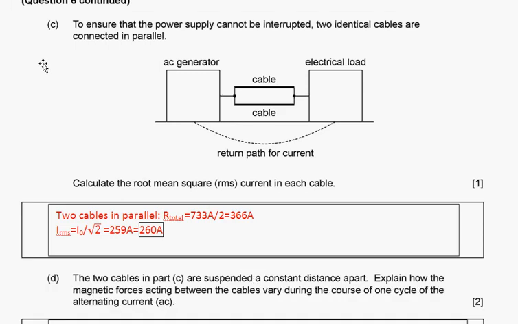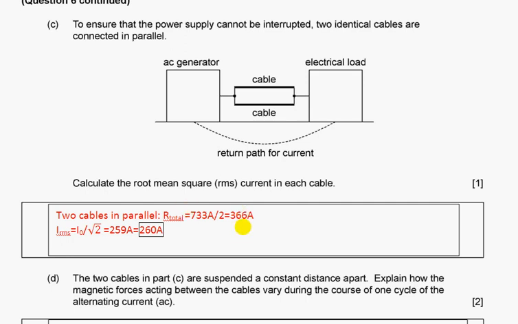To ensure the power supply cannot be interrupted, two identical cables are connected in parallel. Calculate the root mean square current in each cable. Two cables in parallel means that the current through each is 2 times less. So the current flows through two cables, so we divide by 2.